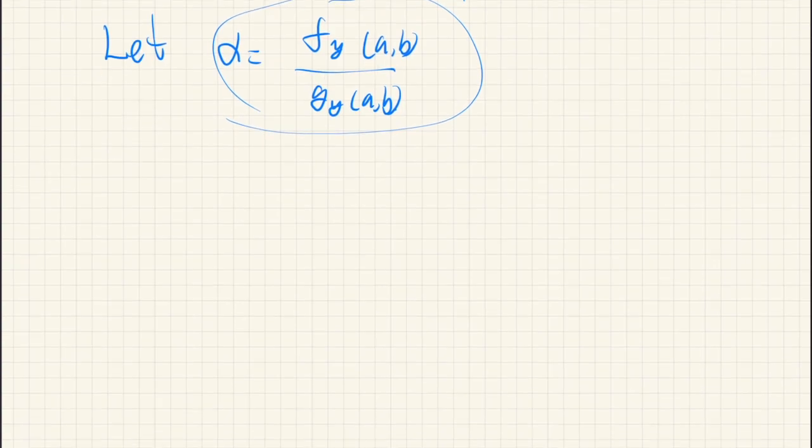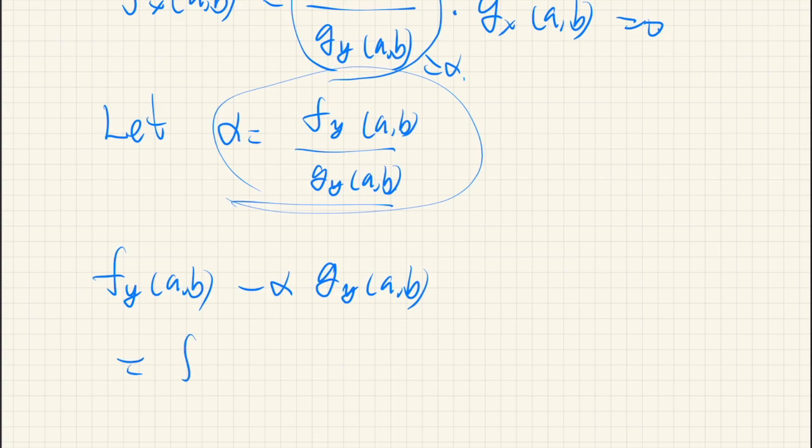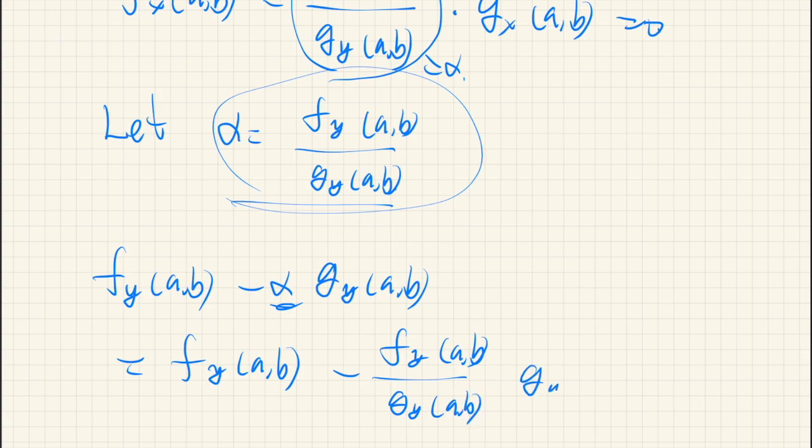If alpha is this, then f_y(a, b) minus alpha g_y(a, b): just substitute this alpha, and the g_y cancels, so this is 0. So we have the desired alpha, and we are done.